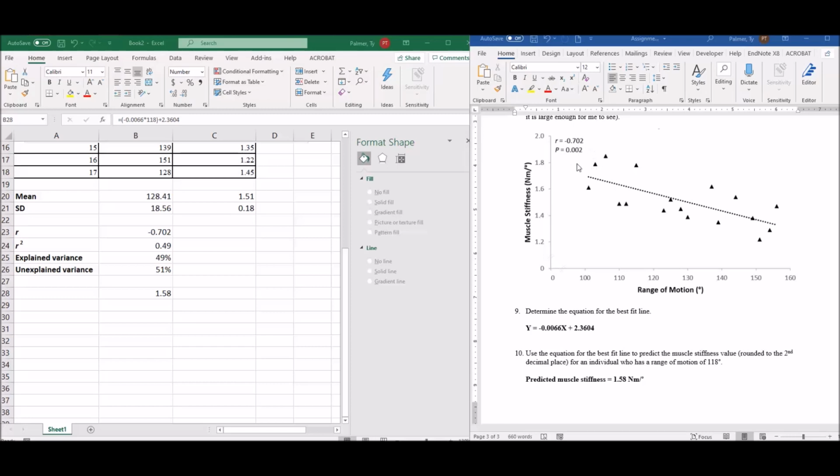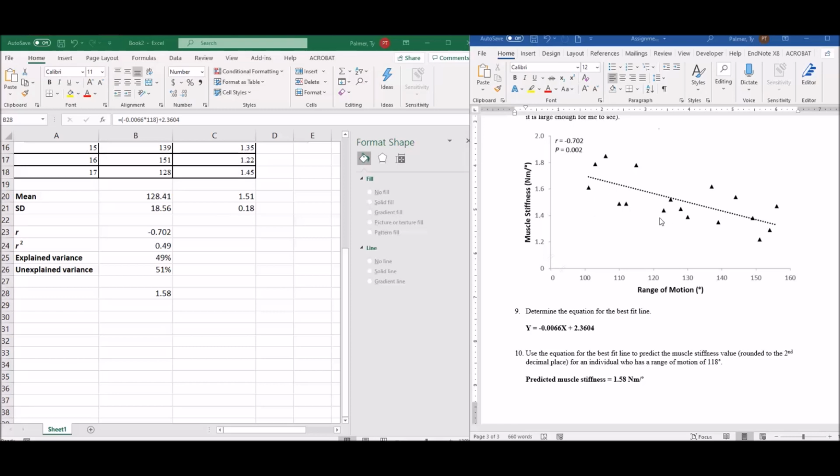Given the relationship that we found here between stiffness and range of motion, we could put them on a training program. Now that we've uncovered this correlation between these two, we could develop a training program that's targeted towards improving range of motion.